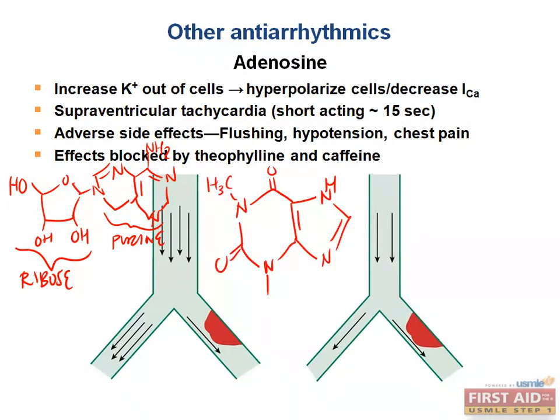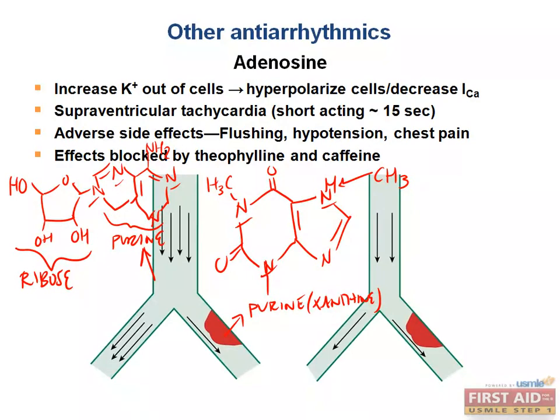The only difference between theophylline and caffeine is at this structure here. Theophylline has a hydrogen while caffeine has a methyl group attached. That is why they are called methylxanthines, which means they're basically a purine, which is a xanthine component. Look at the similarity between this structure and this structure. They both have nitrogens in these locations, and that is how caffeine and theophylline are similar in molecular structure.